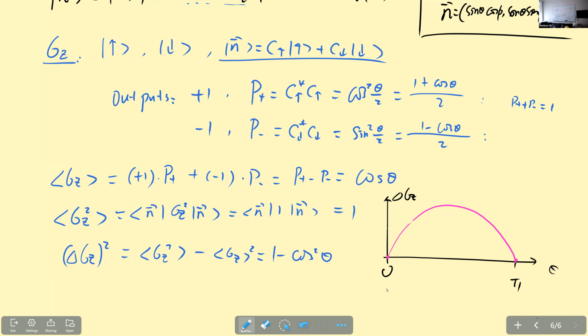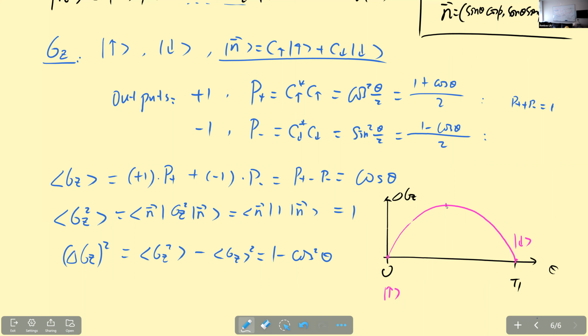So what's this state? This state is just the spin up state. It's an eigenstate. Of course, an eigenstate is a state in which sigma z has a certain value, so it has zero variance. And this state is just the spin down state. It has no variance as well, because it's also an eigenstate.